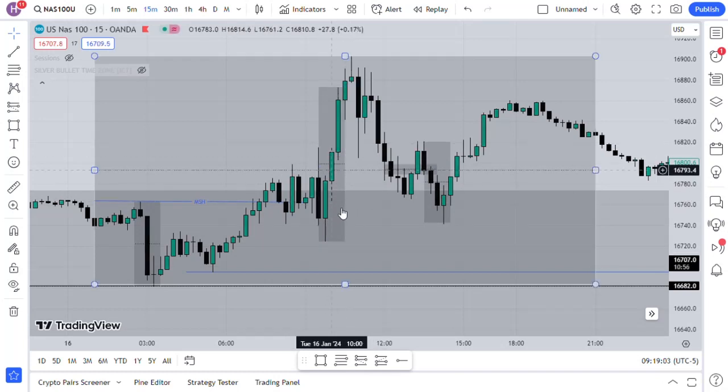The market rallied down, stopped at the midpoint of this order block, which was a nice indication that this was a very valid order block. You can put your stop loss there, since all the liquidity down here was already swept.